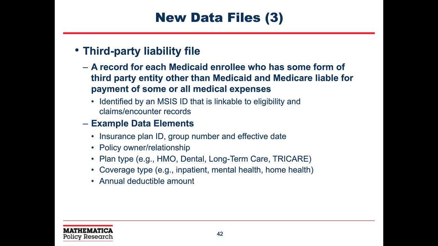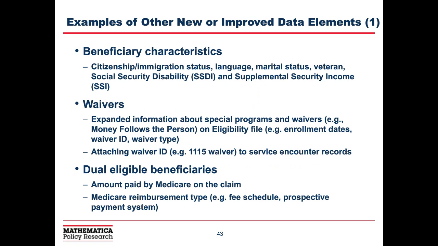Now, in addition to the 3 new data files, there are other new or improved data elements in the existing eligibility file or claims file you will find under the current data system. Again, these are only examples, and I tried to pick out those that make me very excited. We have tons more information about the beneficiaries themselves.